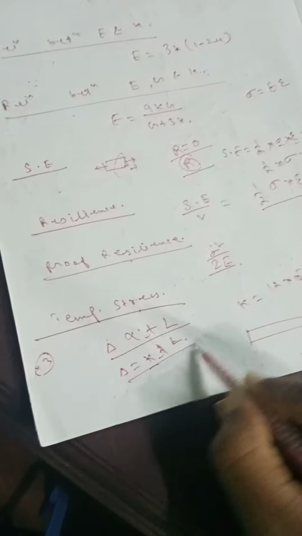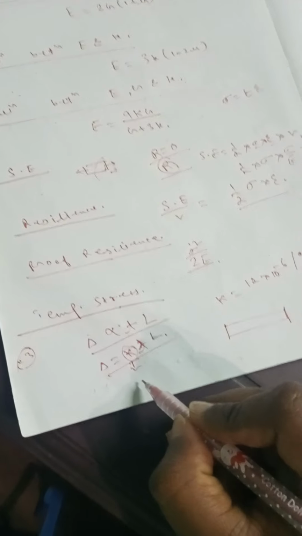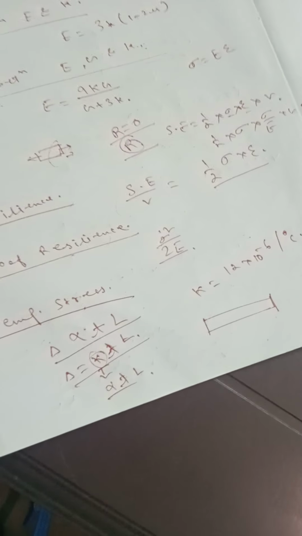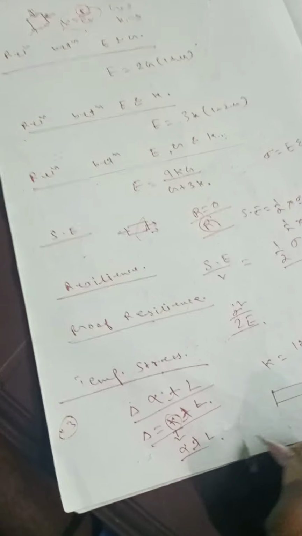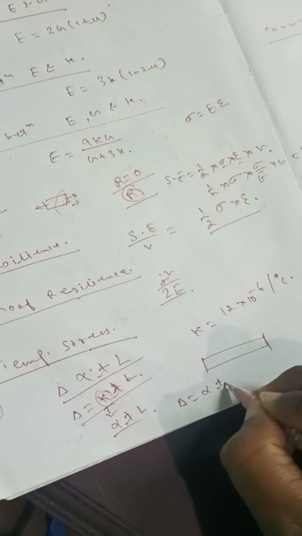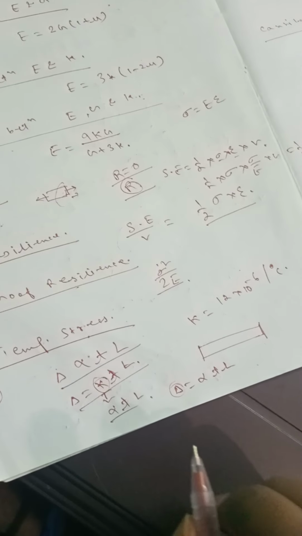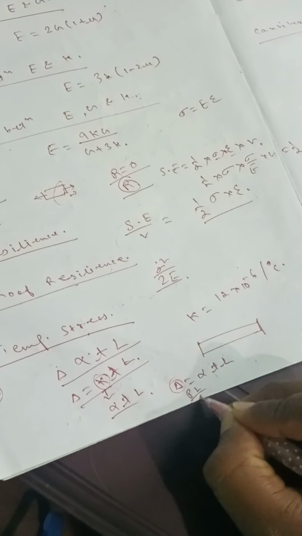So what is temperature stress? Del equals k into T into L, or in another book they replace k with alpha, so del equals alpha into T into L. Now this del is the change in length, and we know by formula that PL by AE is del.